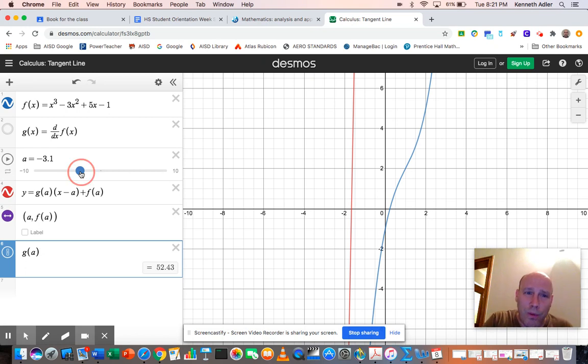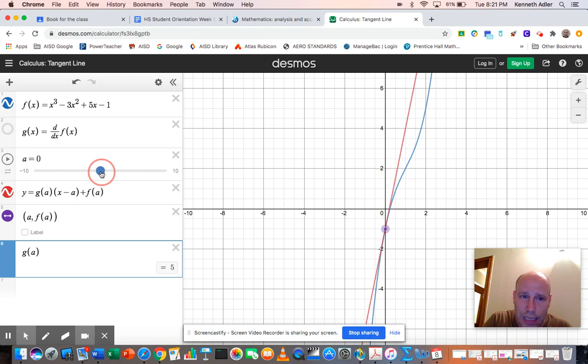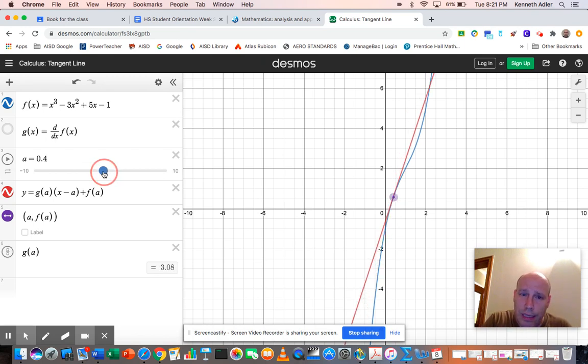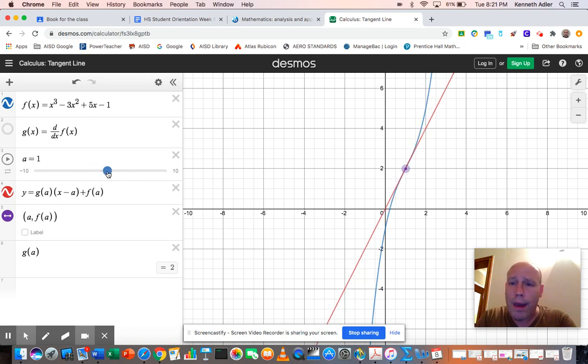As I move, it's decreasing, decreasing, decreasing. Down to 5. Let's keep going. When a equals 1, my slope is 2. But now what's happening as I move? It's increasing, it's increasing.